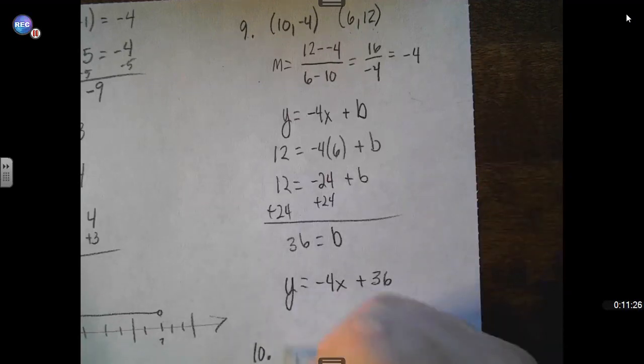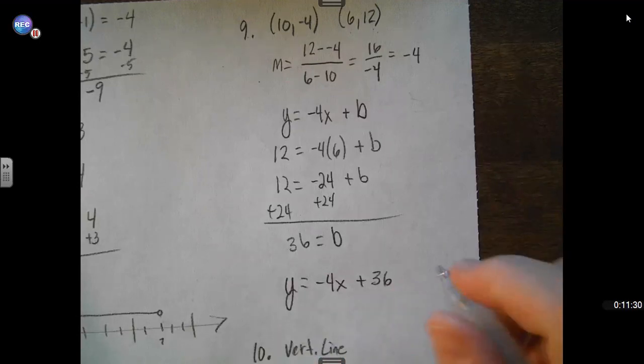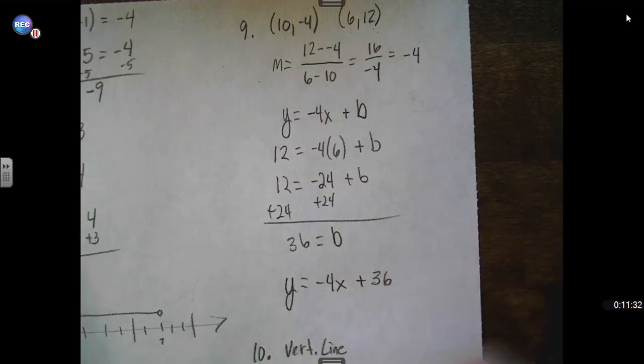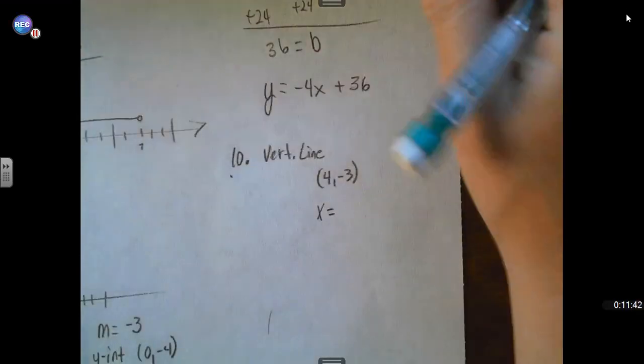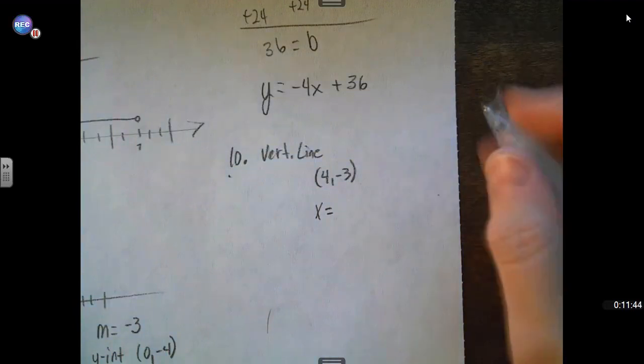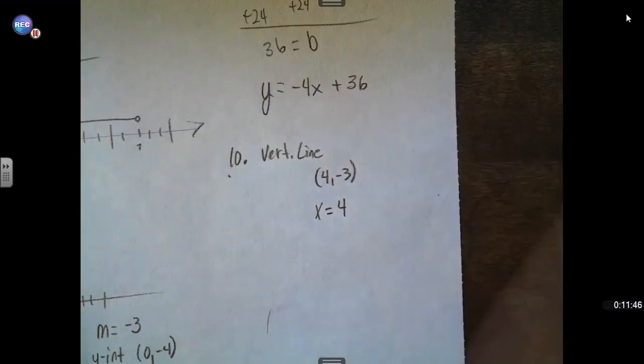Number 10. What is the equation of the vertical line that passes through the point 4, negative 3? Well, vertical lines are x equals lines, right? So in this ordered pair, what does x equal? X equals 4.